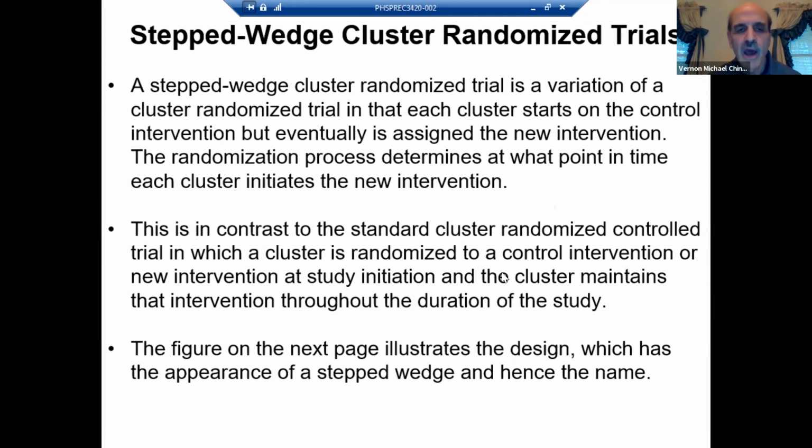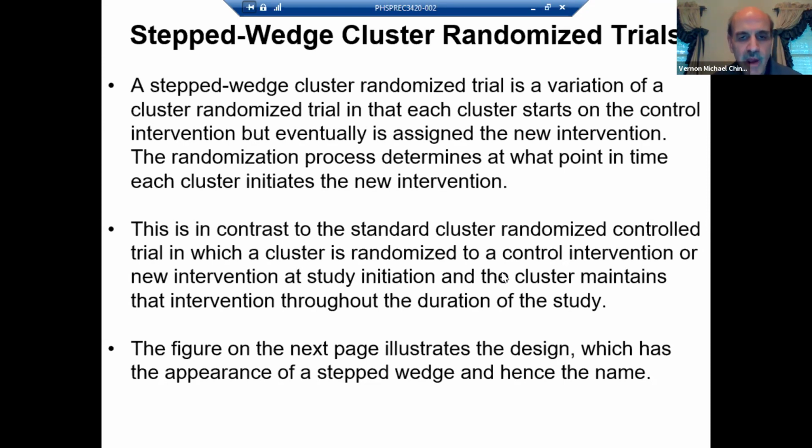It's called a stepped wedge cluster randomized design. In this situation, it's somewhat different, okay? You're still going to randomize clusters, but in this type of design, every cluster eventually will receive the new intervention.